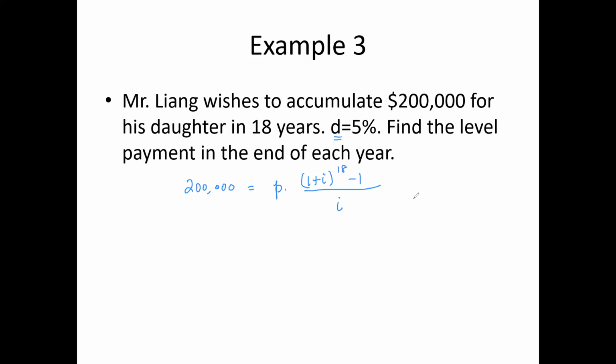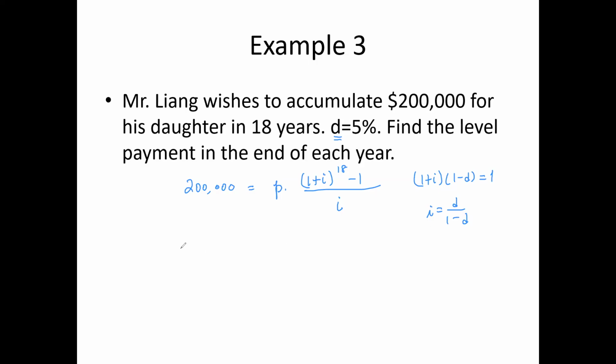We're given d, so we need to find i. So we use (1 plus i) times (1 minus d) equals 1. And we would get i equals d over 1 minus d. All right.